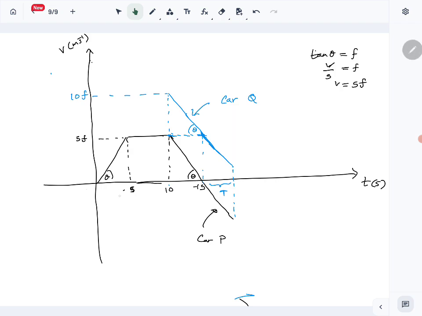So then let me label this O, A, B, C, D, E, F, G. Right.